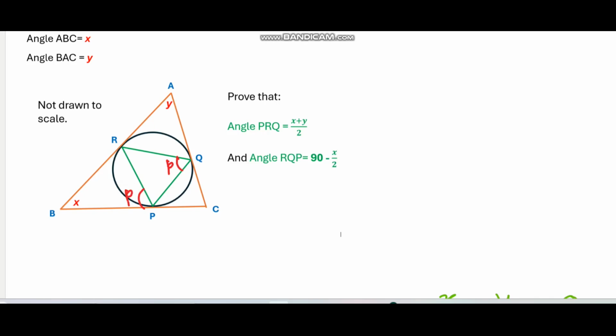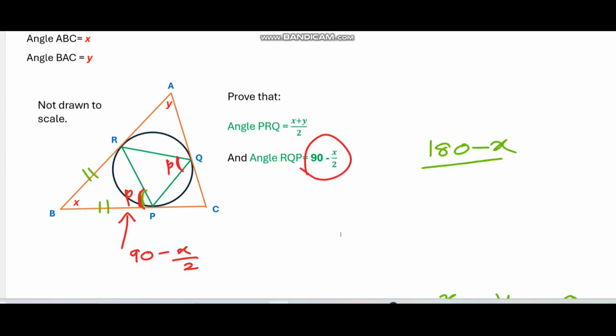So if we show that this angle P is 90 minus x over 2, game over, because this angle is equal to RQP. In the previous part, we have already shown anyway that these two are equal, and therefore this angle is 180 take away x divided by 2, which is 90 minus x over 2.